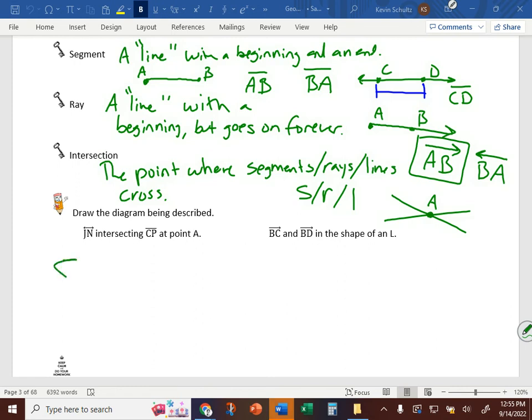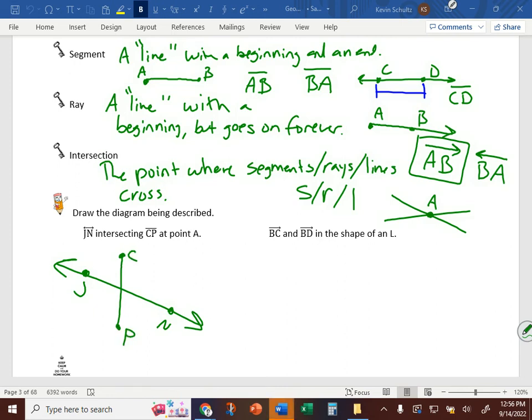So you can draw this a number of different ways. Start with a line labeled JN. Your line does not have to be going that same direction. It could be vertical, horizontal, or diagonal the other way, okay? It must be straight though, right? And segment CP, again, direction doesn't really matter here.